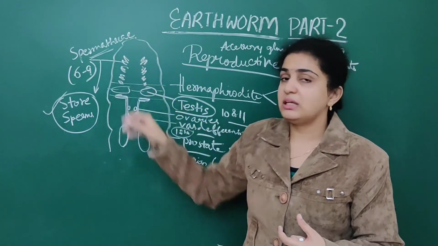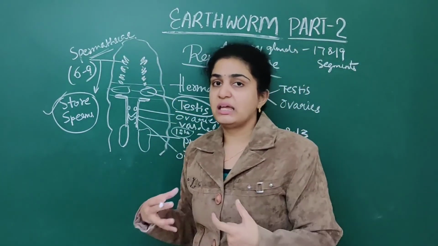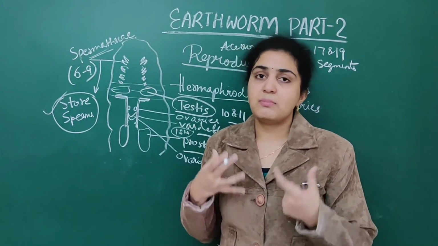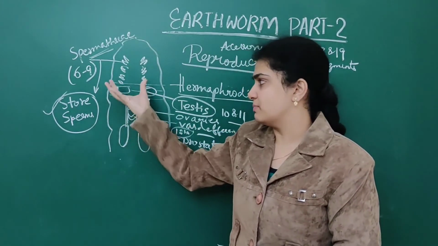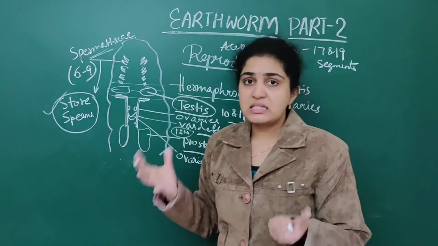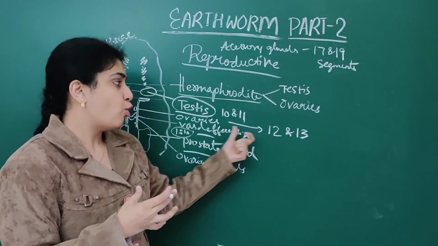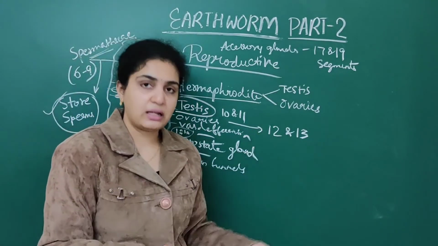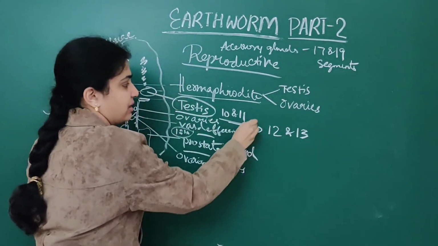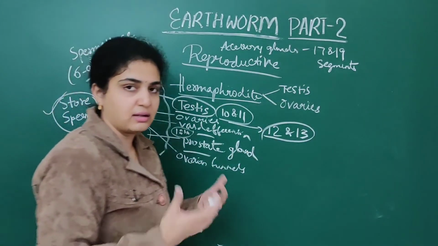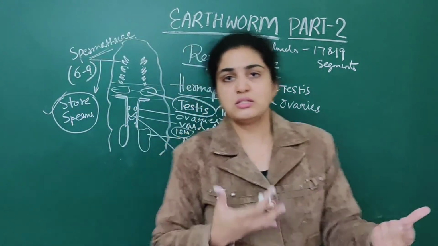So, spermatheca extend from the 6th to 9th segment. What is the use of the spermatheca? They help in storage of sperms. Next, testes are present in the 10th and 11th segments, and ovaries in the 12th and 13th segments. Remember 10 and 11, immediately followed by 12 and 13: testis, ovaries.